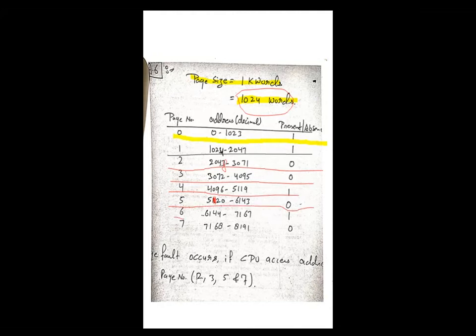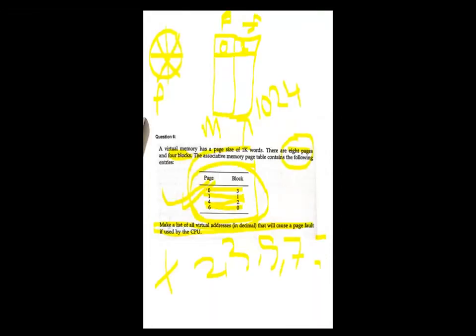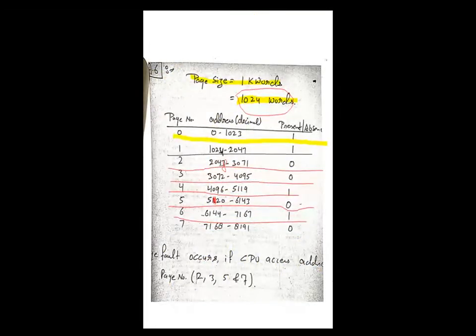Now in this page table, as it is already given in the previous slide, pages 0, 1, 4, 6 are present in the main memory, right? So that's why we have a mode bit or present bit here. In the present bit we write for these pages 0, 1, 4, 6, they are present. 1 means present, 0 means absent.